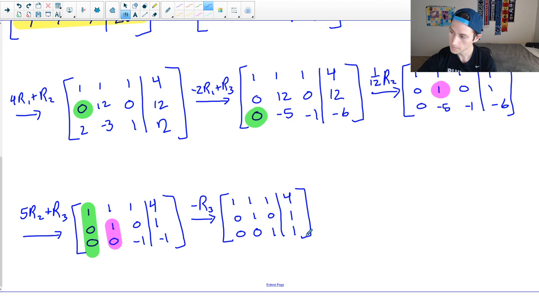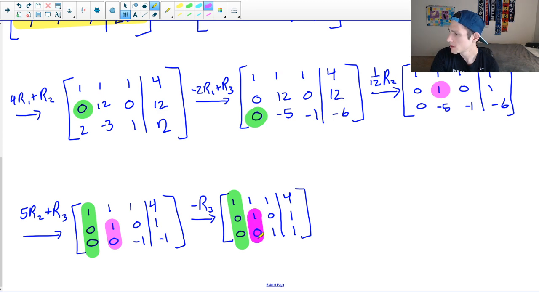All right. So I have this. So this is now in row echelon form, not reduced row echelon form, just row echelon form. And so we got a 1 and made all the stuff below that 0.